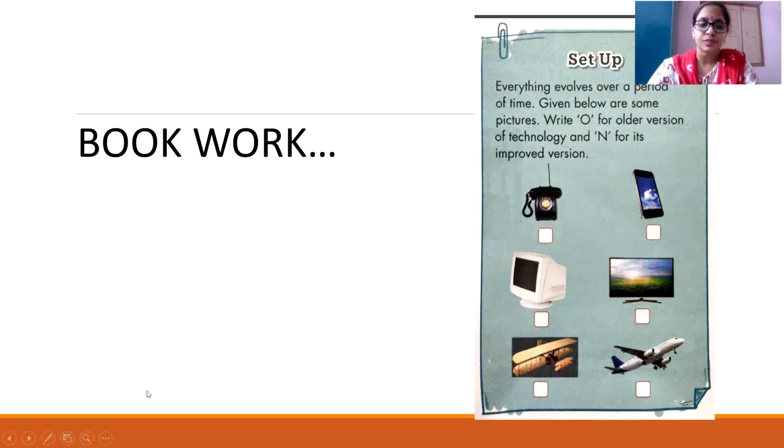Bookwork. This is the work which is given in the textbook. Let us complete it. Write O for older version of technology and N for its improved version. Telephone is the old version, so we have to write O. And mobile phone is the new version, so here we have to write N. In the same way, complete the rest.